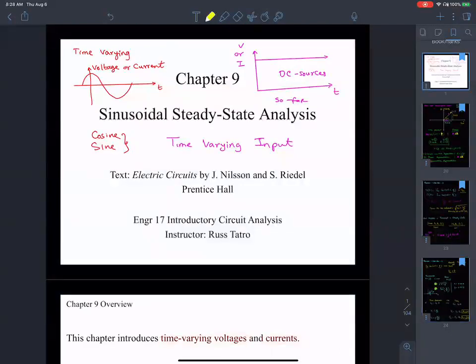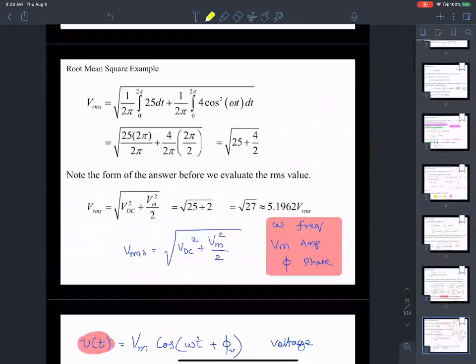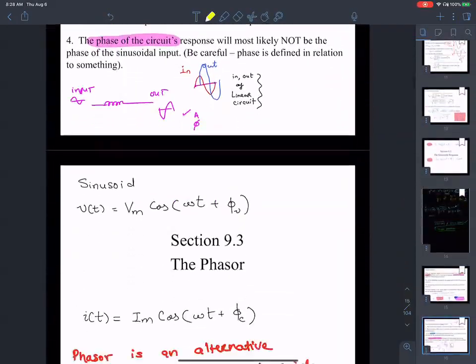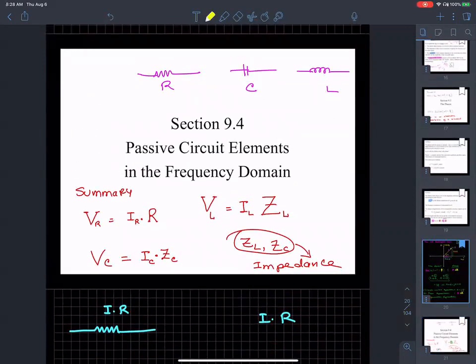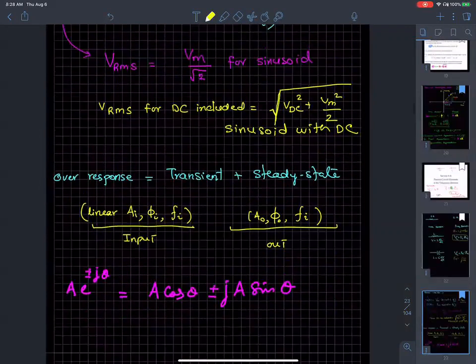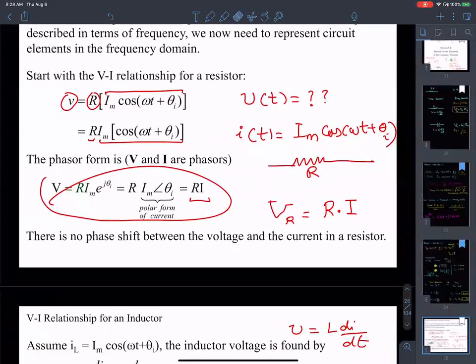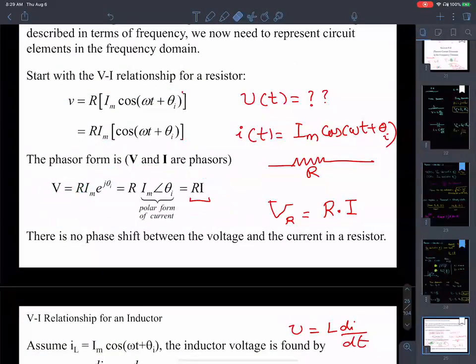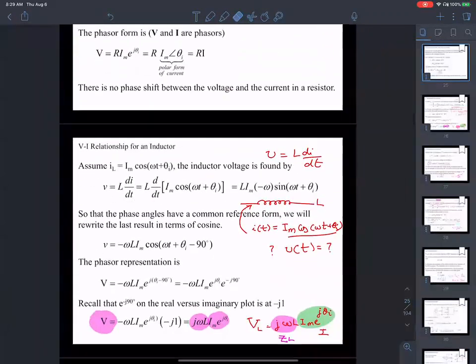Let's go back. What else did we do? So we started looking at passive circuit elements in the frequency domain, and I kind of glazed through this process here, the equations that we followed in terms of translating the inductor from time domain into frequency domain.